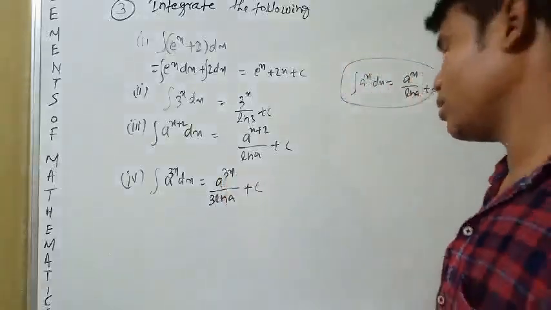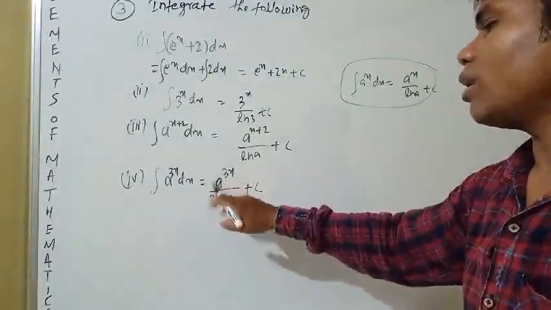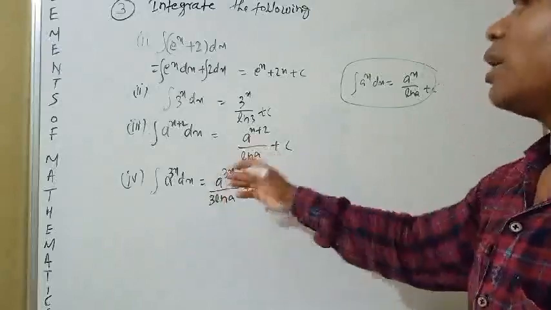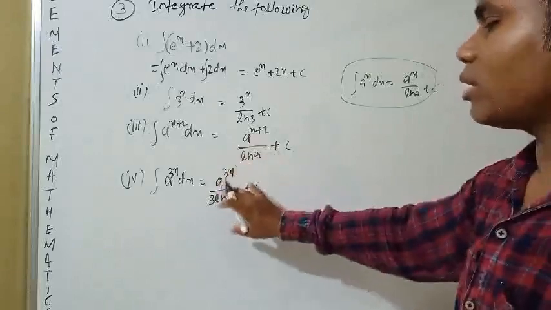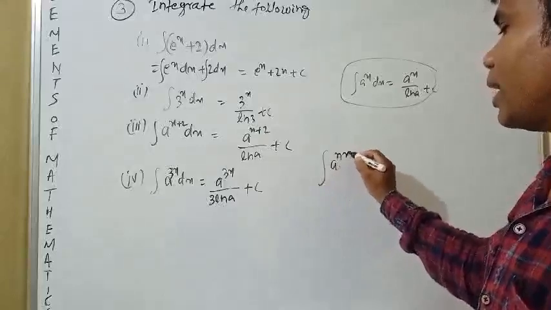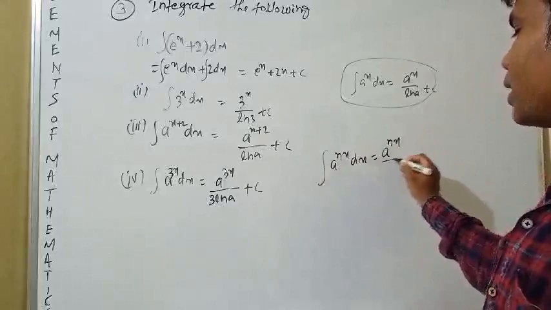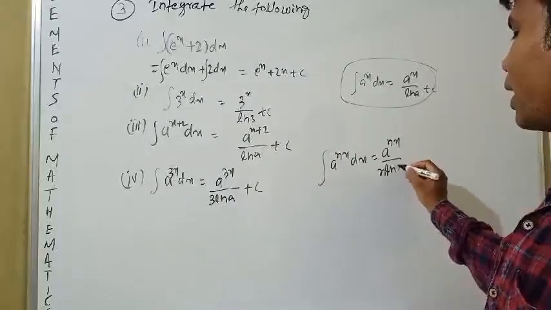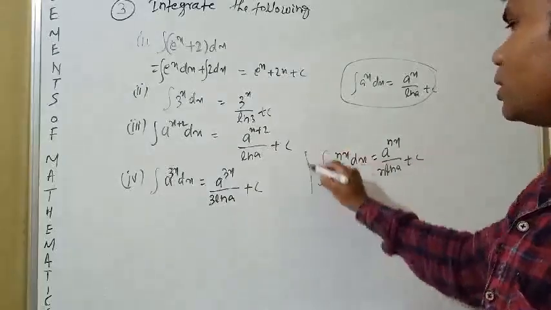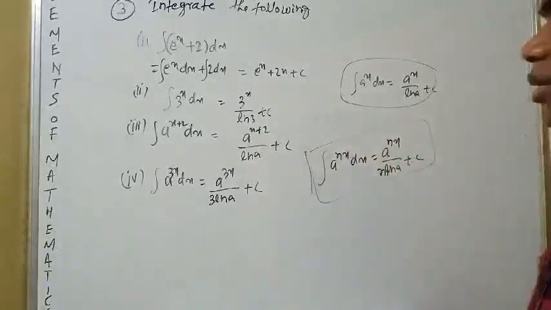You can clear your doubt up in 9b. A substitution can apply here, otherwise you can use this formula, integration of a to the power nx dx is equal to a to the power nx by n ln a plus c. This is the formula. You see, next question.